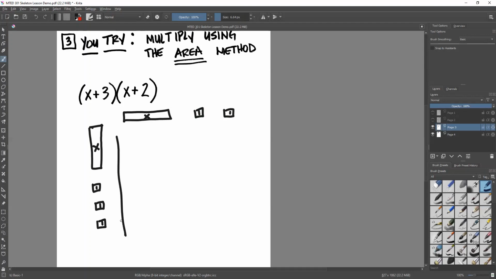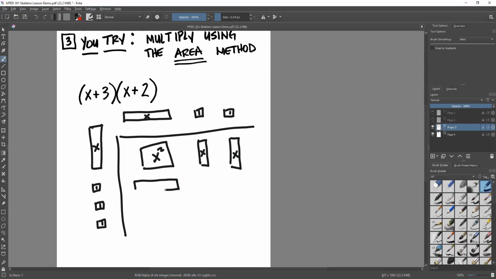Now let's go over it in this little box so you can easily see it. So x times x, again, that's x squared. x times 1, well, that's x. x times 1 again, another x. 1 times x, that's another x. 1 times 1, it's 1. 1 times 1 again, another 1.